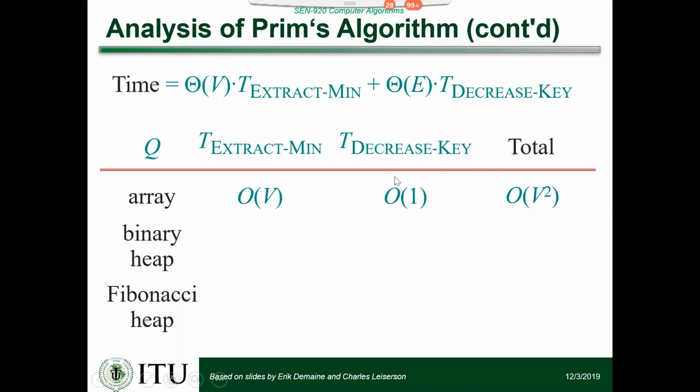There's no other time spent on this. So v times v plus e times 1, so that's v squared plus e. And remember, e is bounded by v squared, so the total time for the linear array is v squared.